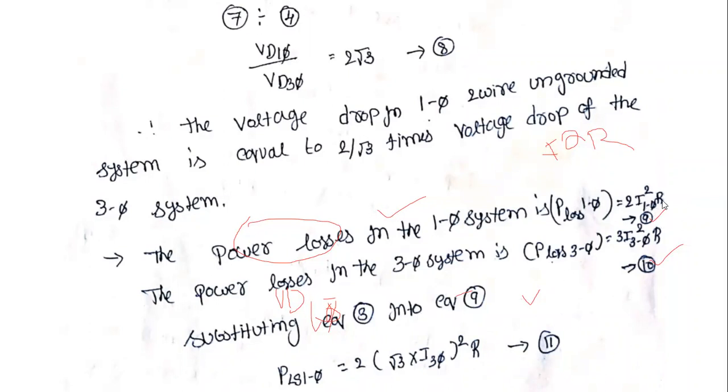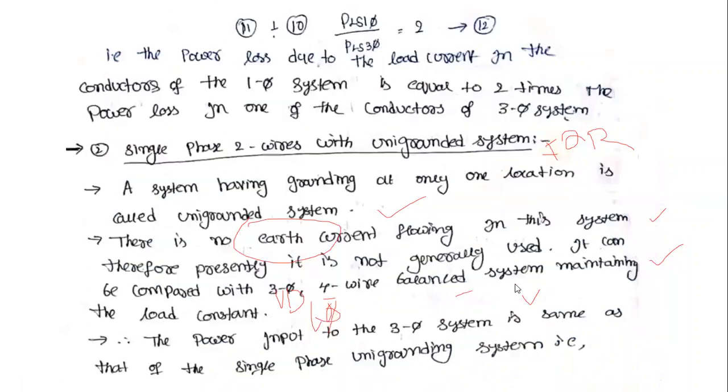Therefore, 2 into (√3 into I three phase) square into R. So P loss for single phase is equal to 2 into √3 I three phase square. Consider this as equation number 11.